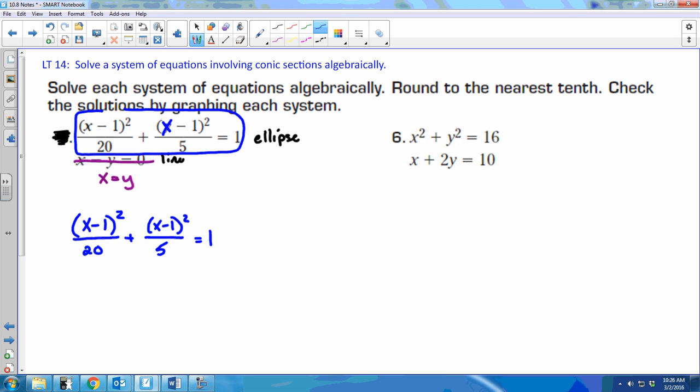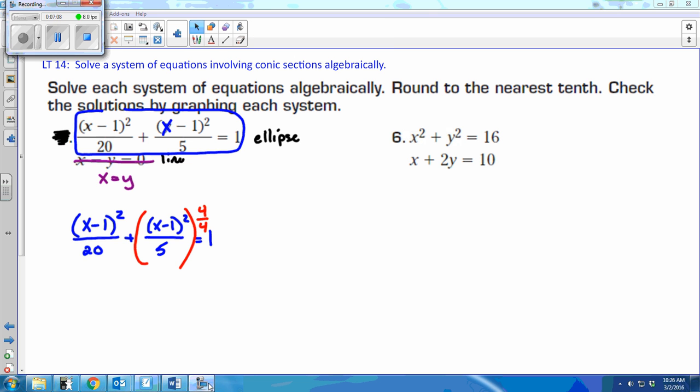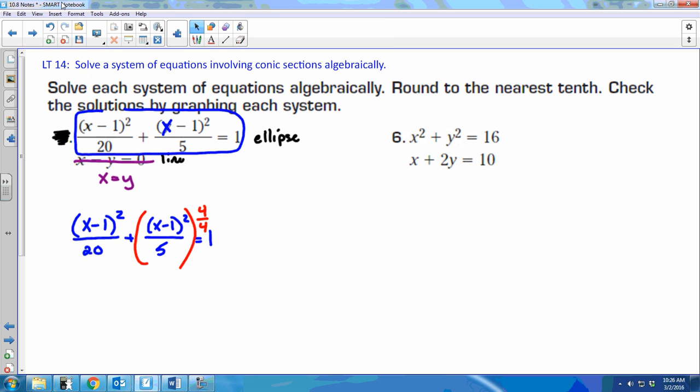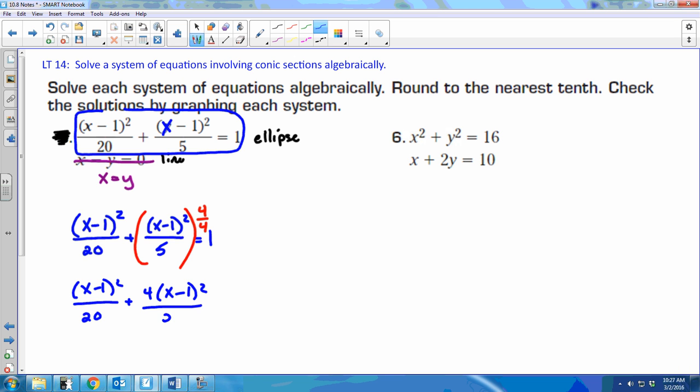So if I'm going to add these, I need to multiply the second fraction so that I have a common denominator. So what do I need to multiply it by? 4 over 4. All right, so if you multiply by 4, we get (x minus 1) squared over 20 plus 4(x minus 1) squared over 20.